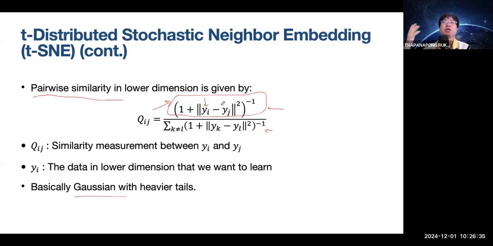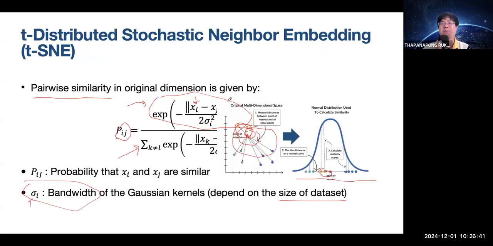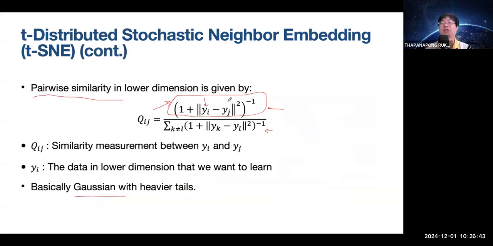But we cannot just pick yi randomly. We want to pick yi such that Pij and Qij are very close to each other statistically, right? If Pij for this pair ij is high, you want Qij for the same pair to be high as well.